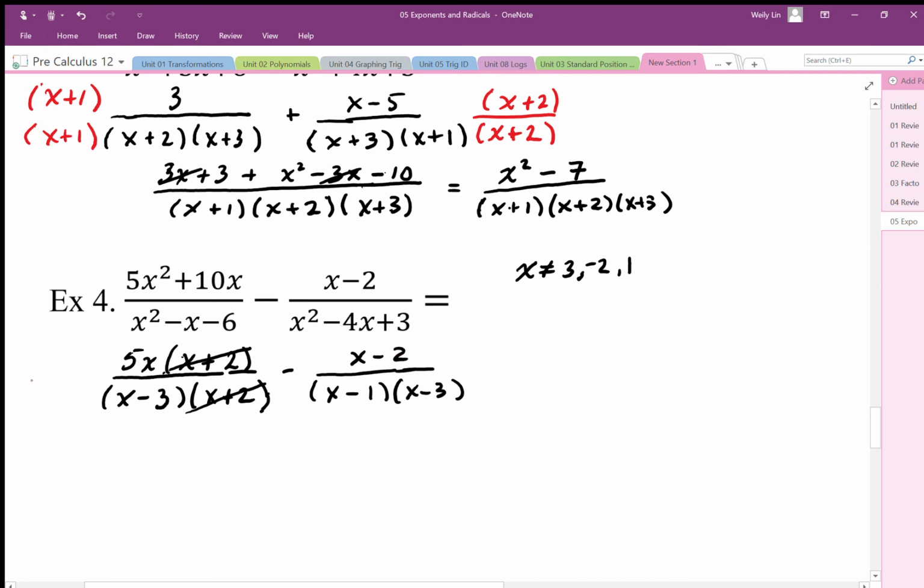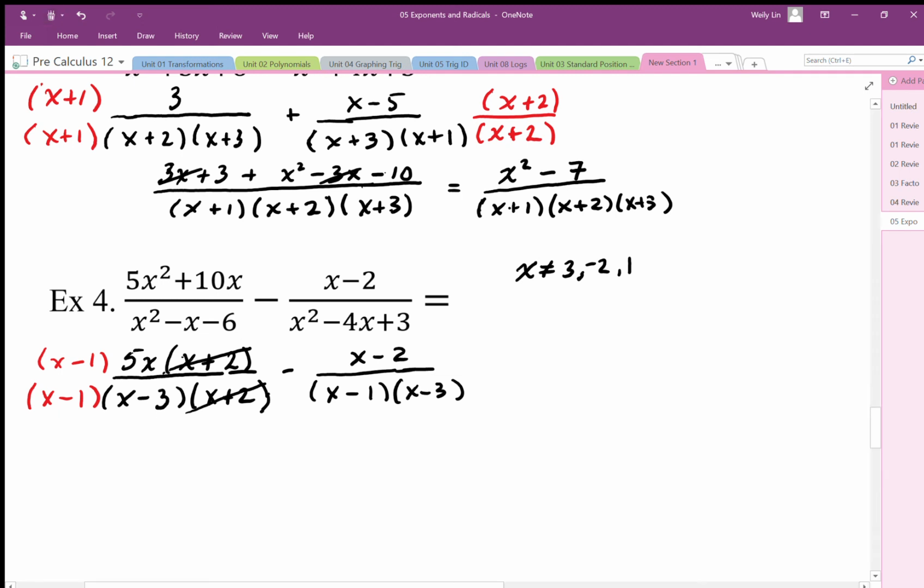I just need to get an x plus 2 denominator in here and multiply the top by x plus 2. And the expression that I end up with is much simpler. Oh, sorry, that's not x plus. I need an x minus 1. And the expression I end up with is going to be much simpler than if I had to multiply all that out. So this is a much easier equation to do.